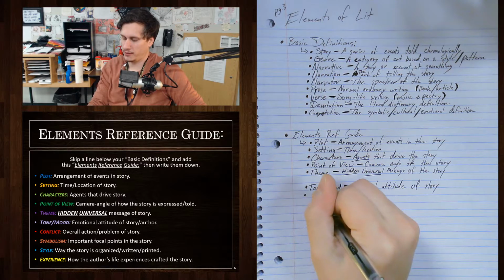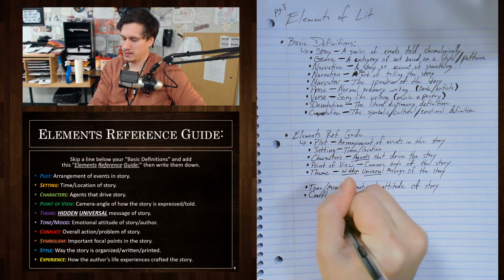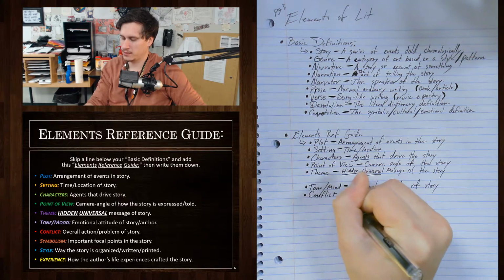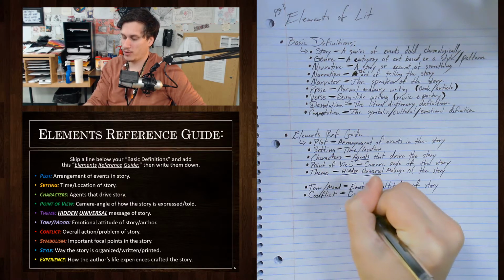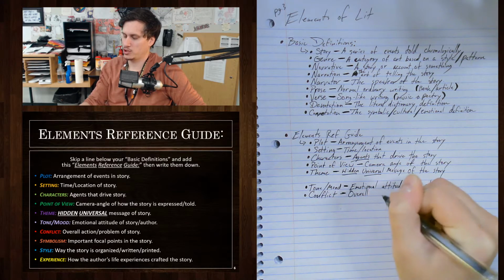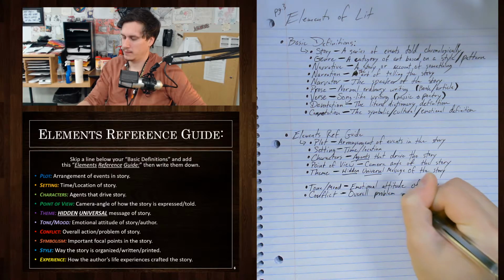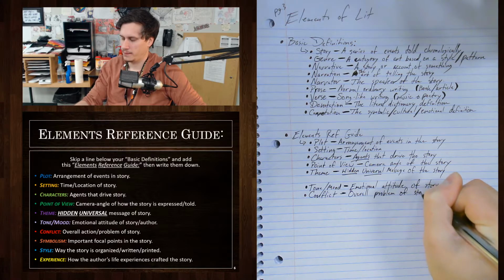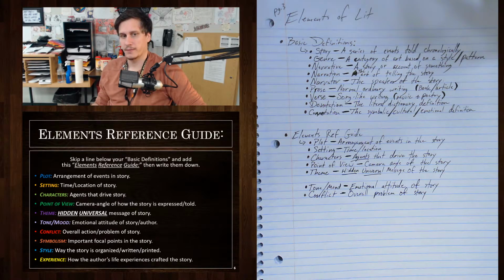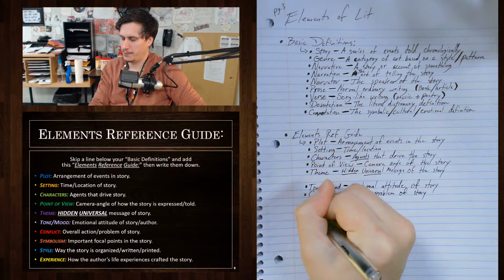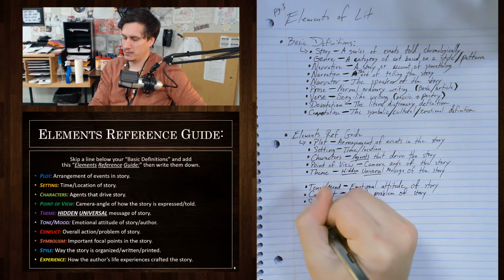Next, you're going to have conflict, which is one of my favorite ones to teach. Conflict is the overall problem or challenge of the story. Then you're going to move into symbolism.